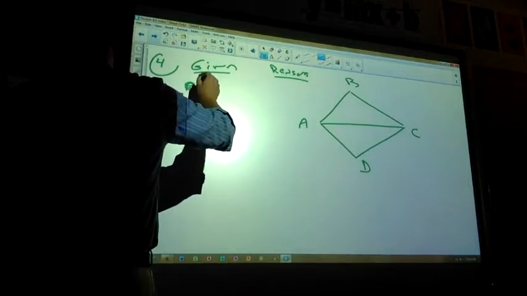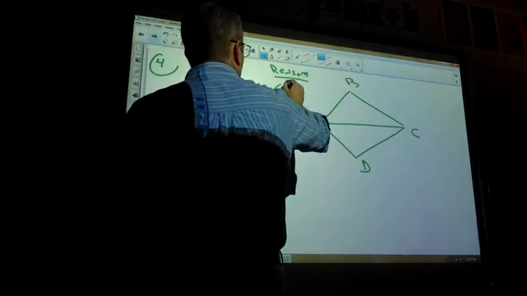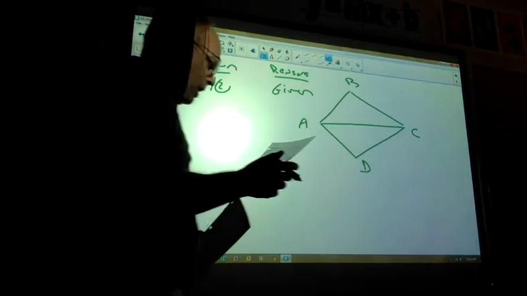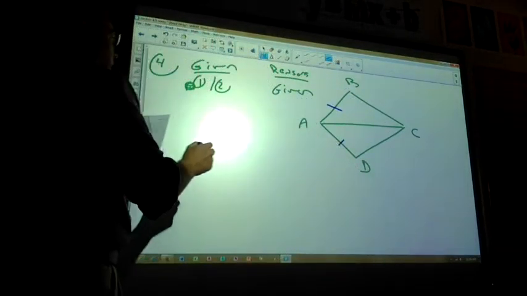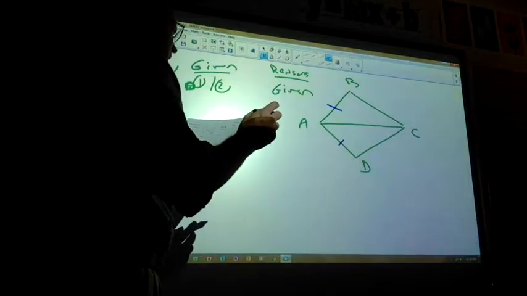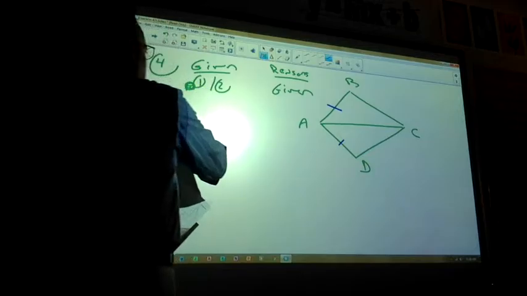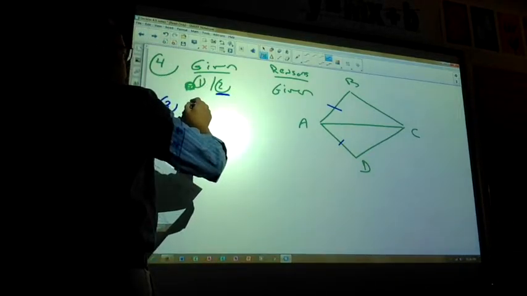So 1 and 2, we already know these are our givens. Again, I'm just putting that to save space. So AB is congruent to AD. And then the other given is AC bisects angle BAD. So this one tells us that we have a bisector of an angle.